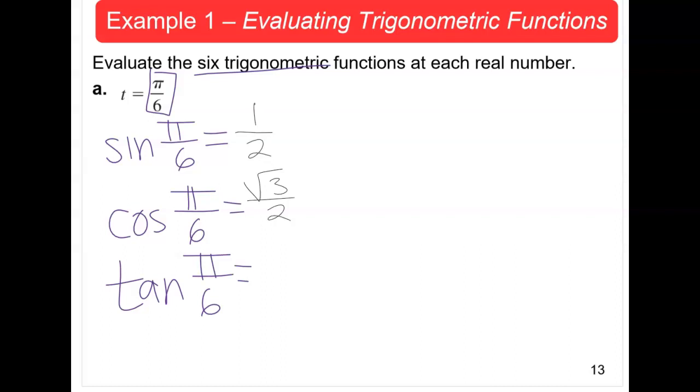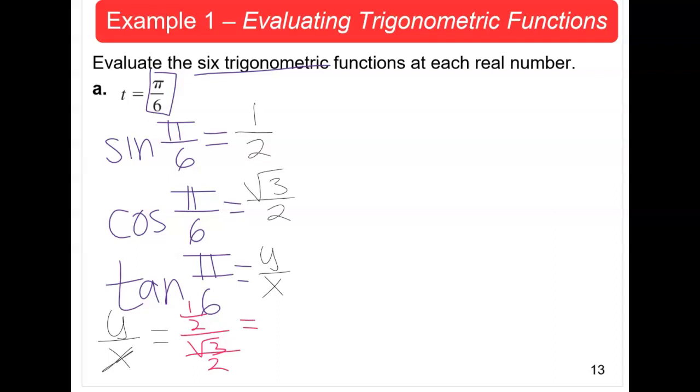Now, since the tangent is defined as y over x, we are going to replace that y over x with the coordinates. So we will have for y is 1/2, and for x is the square root of 3 over 2.